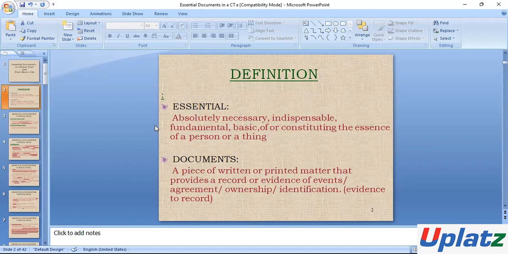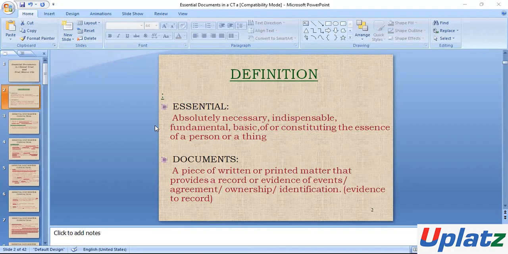Why is it so important in clinical research? Because, as you know, clinical research or clinical trial is a regulated process. And in this research, if it is not documented, it is considered as not done, right?